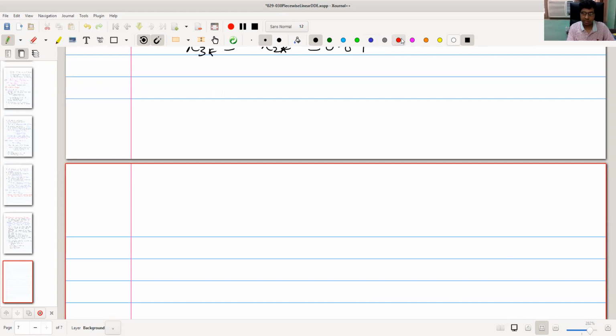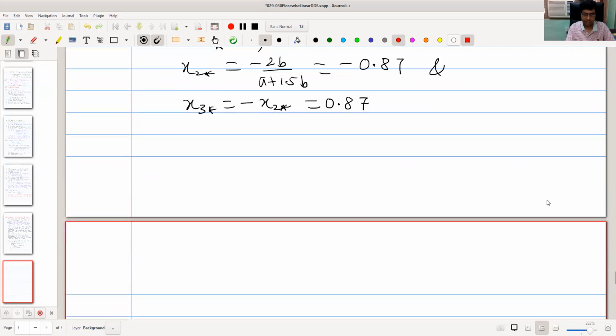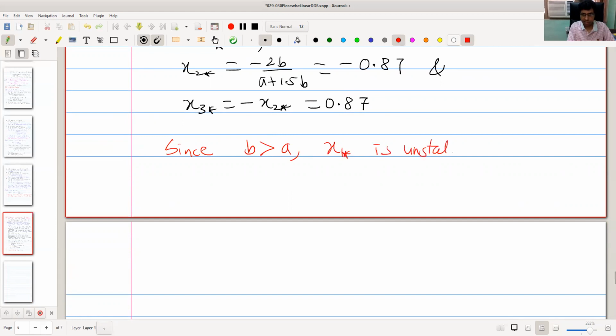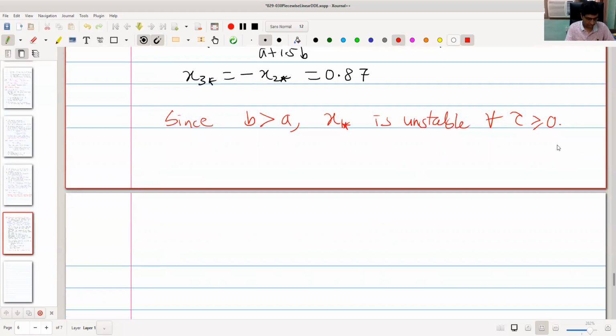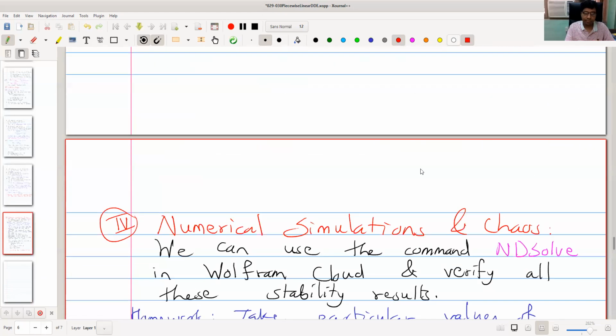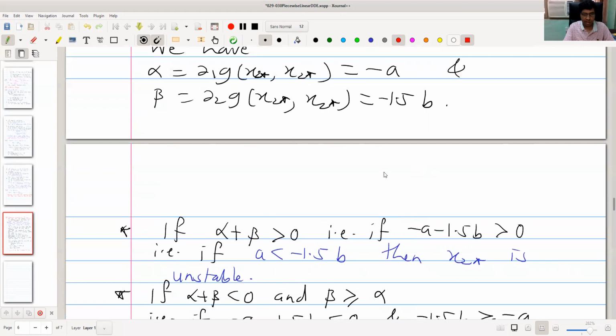Since b is greater than a, x1 star is unstable for all delay values. Now, second thing, stability of x2 star and x3 star.